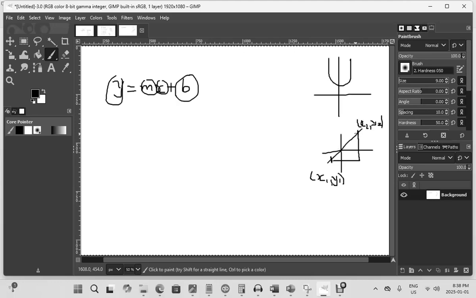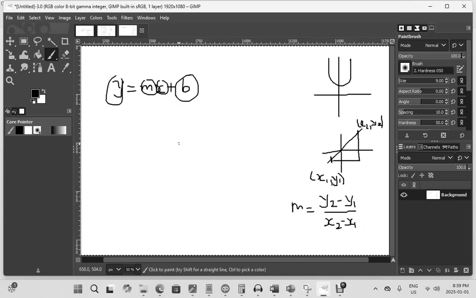So given this line, all you have to do is figure out y2 minus y1 over x2 minus x1, and this will give you your slope.